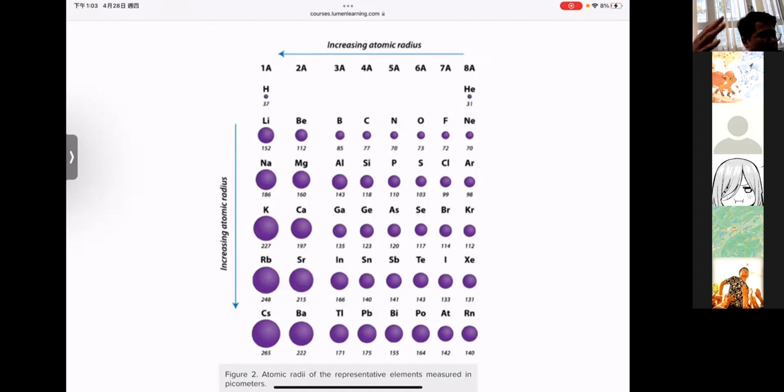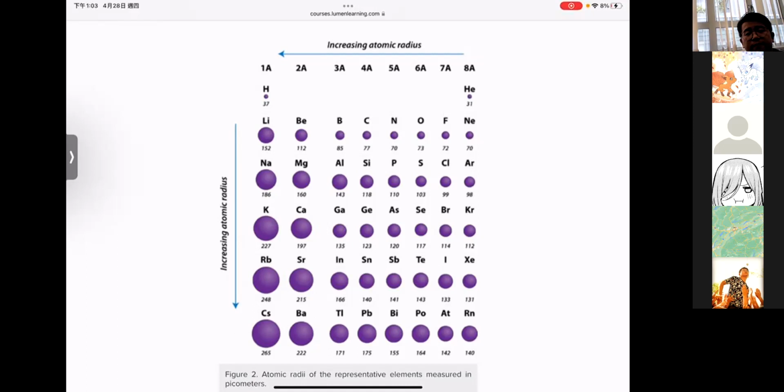So the outermost shell is further away from the nucleus when you compare it with the other elements in the same group. Can you get my point? So the atomic radius will increase down the group, but decrease across the period.